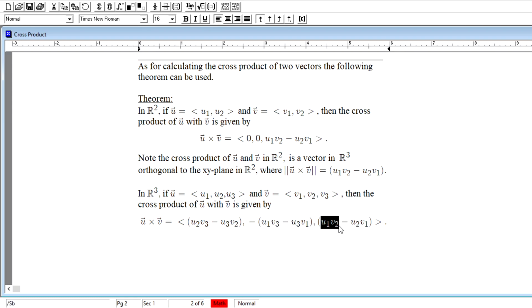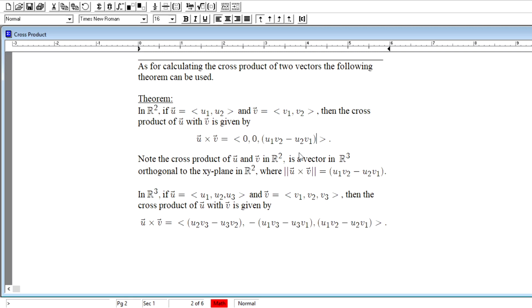You will notice that the z component is the same as what we've seen above. But there is also a respective x and y component, where in the x component, you are going to take the value of u2 times v3 and subtract from that u3 times v2.